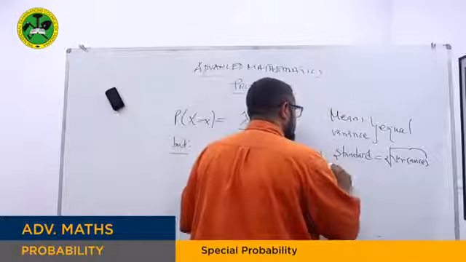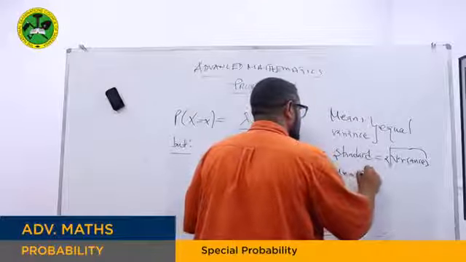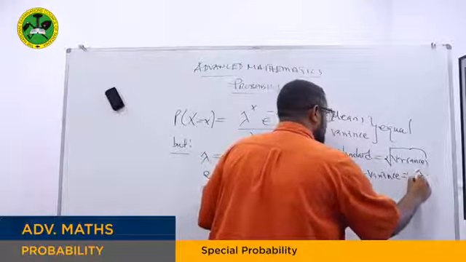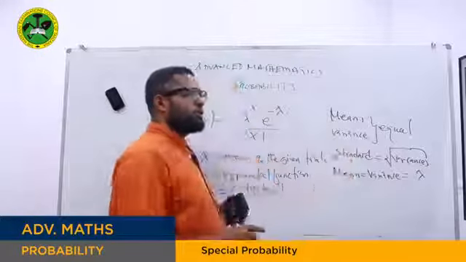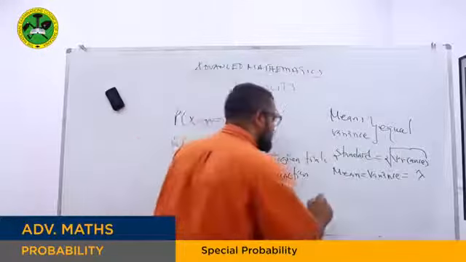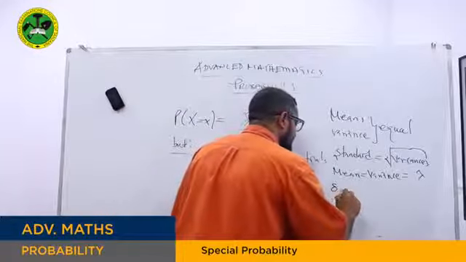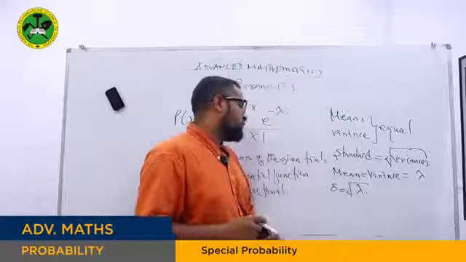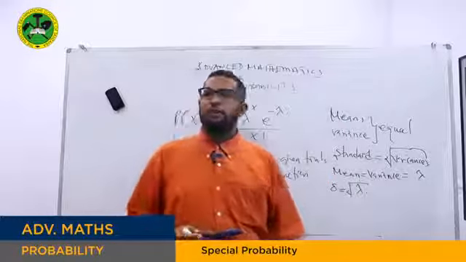As I said, mean equal to variance equal to lambda. That is under Poisson probability distribution. So therefore, standard deviation will be equal to the root of lambda. You may be asked the question to find the standard deviation, my dear student.